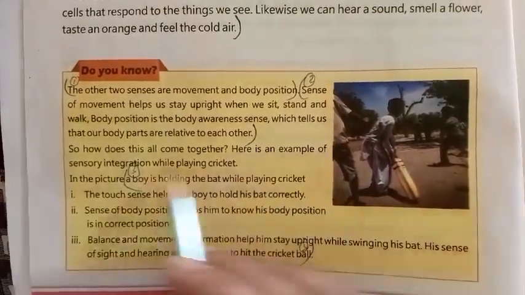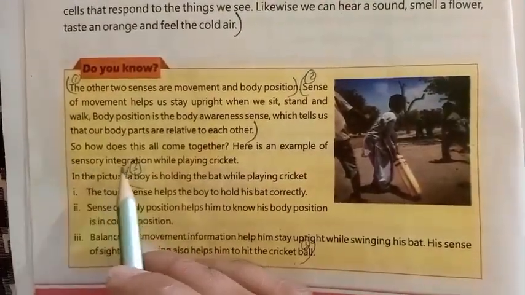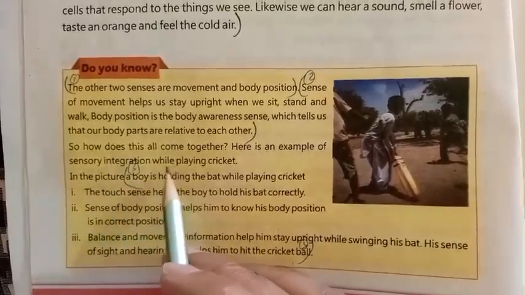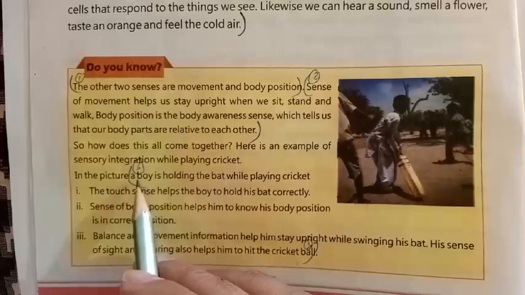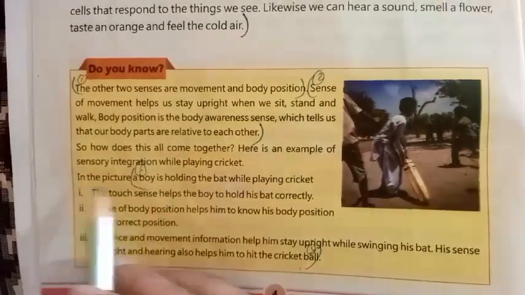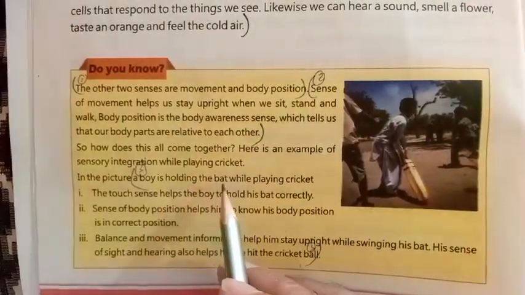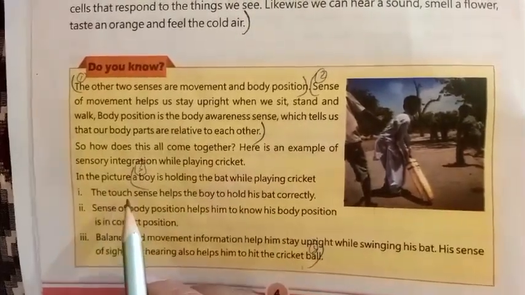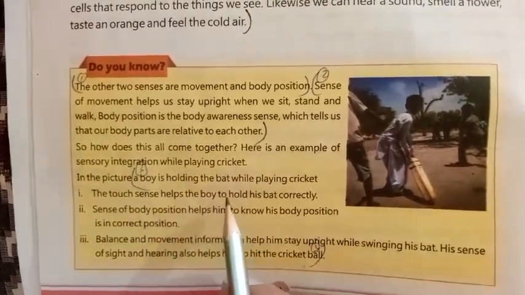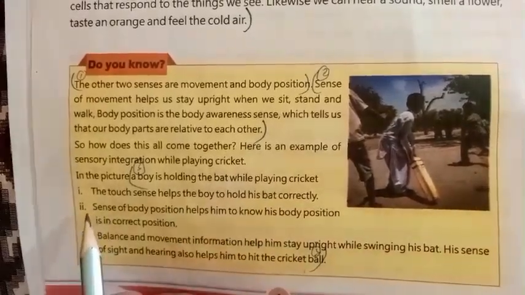Here is an example of sensory integration while playing cricket. In the picture a boy is holding the bat while playing cricket. Number 1, the touch sense helps the boy to hold his bat correctly.